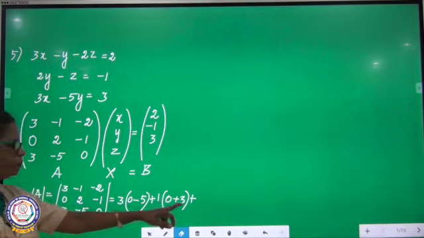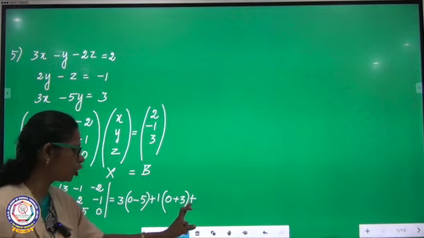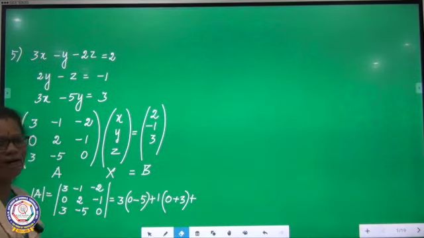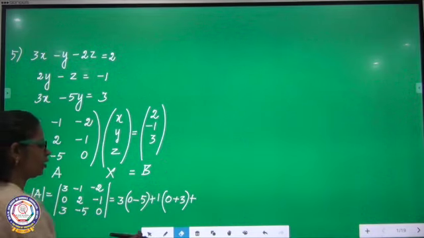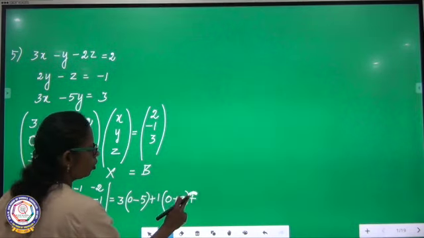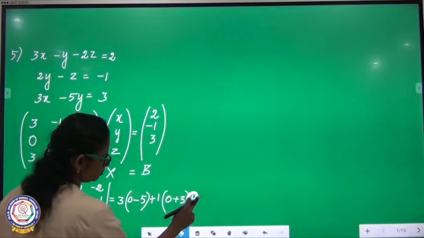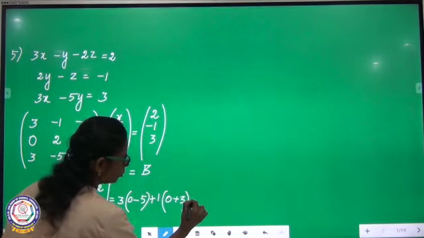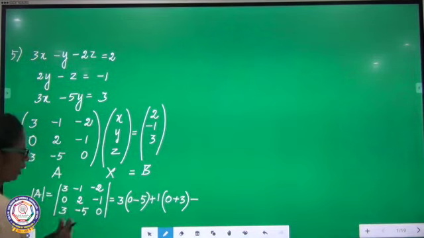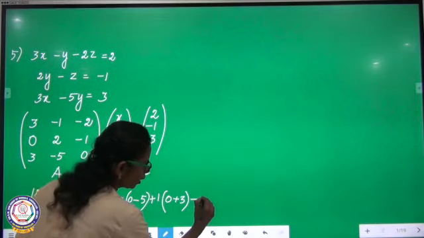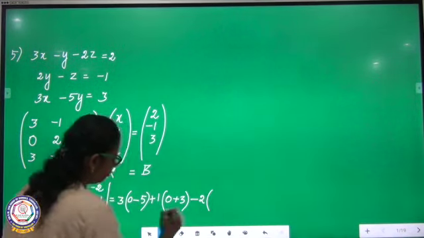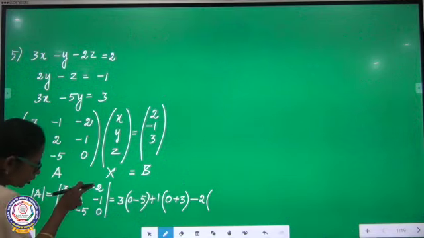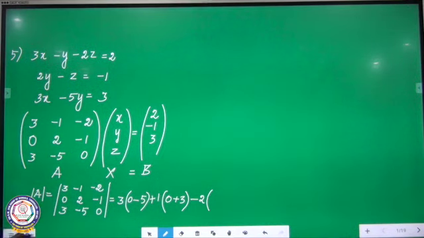Plus, here you have -2, but based on our rule we have positive. Positive into negative is negative. So you get minus 2 into bracket. The particular row and column should be deleted.